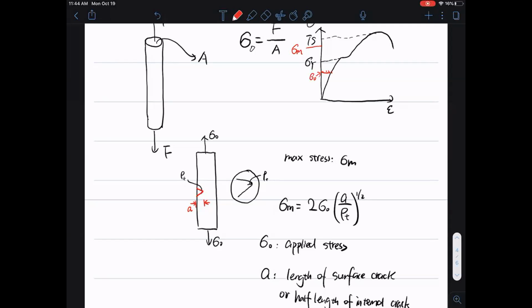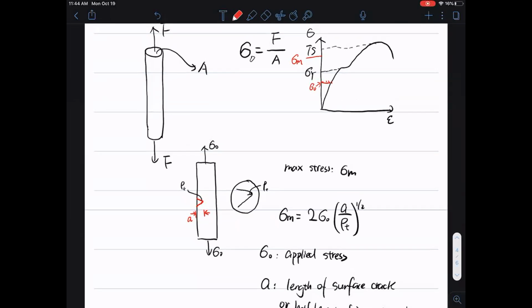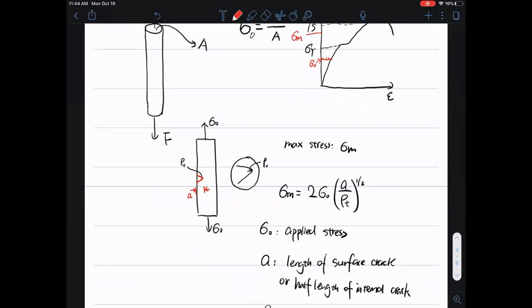So even if you use F divided by cross-sectional area and get a relatively safe stress, you should always consider the flaws inside of the material. Because after you go through this calculation of sigma m, you're going to end up with a much larger stress.